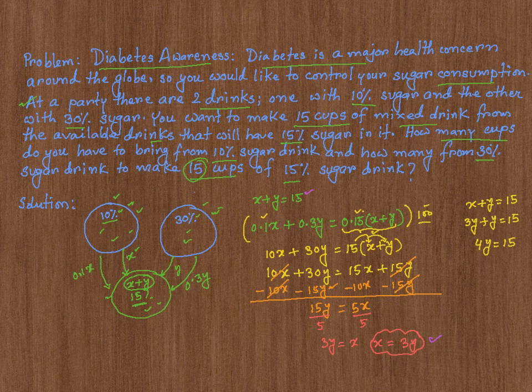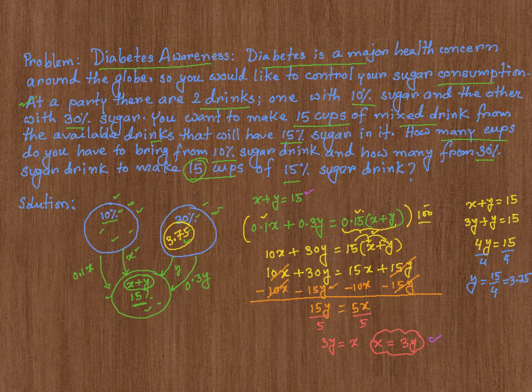Now I divide both sides by 4. That's going to give me y is equal to 15 over 4, which, by the way, is 3.75 cups. So you are bringing in y is equal to 3.75 cups. From here you bring in 3.75 cups.